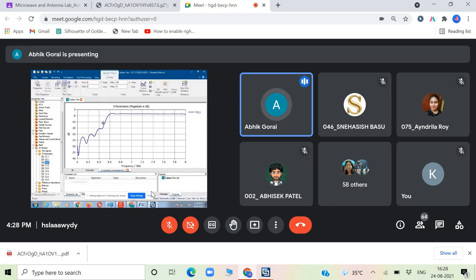Now, once you find S31, add a curve marker. Just drag it over here at the cutoff frequency, let's say over here 6.6. You can see the movement of the cursor.